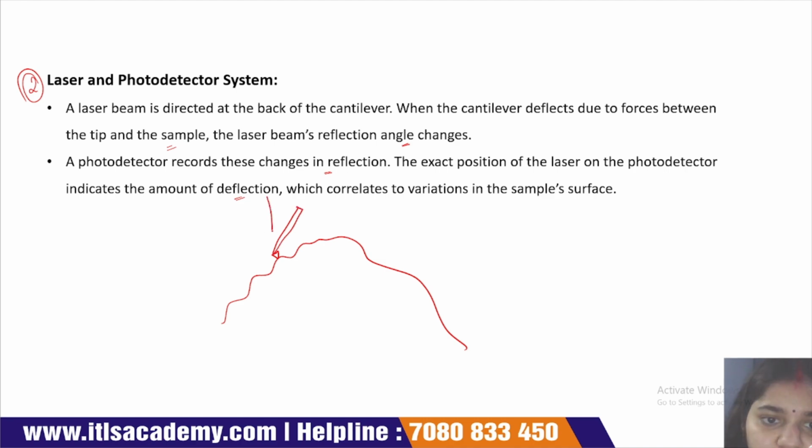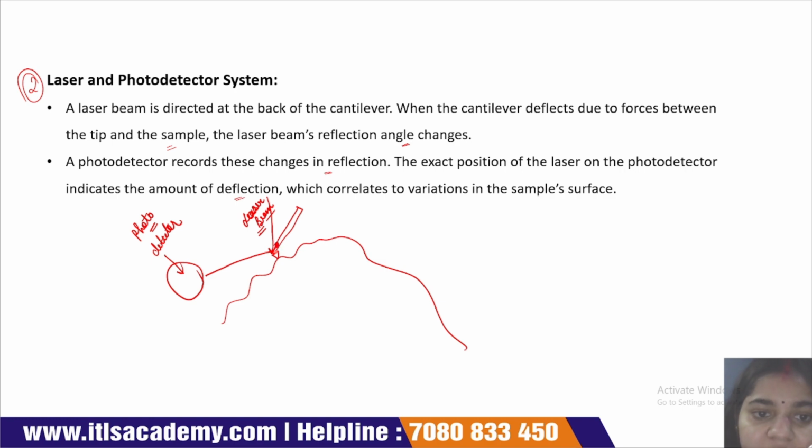Here is the direction of the laser beam, and this is the detector, basically a photodetector. This laser beam is directed at the back of this cantilever.